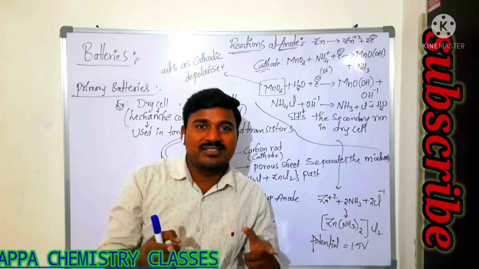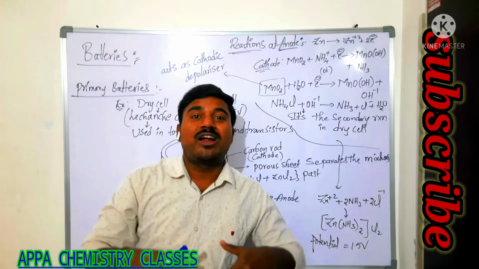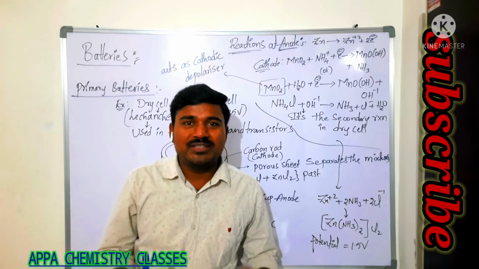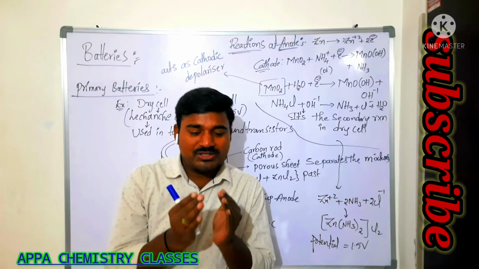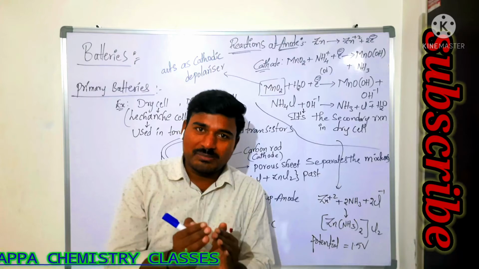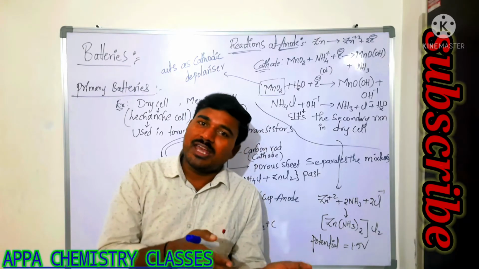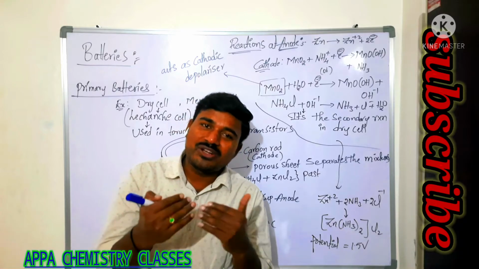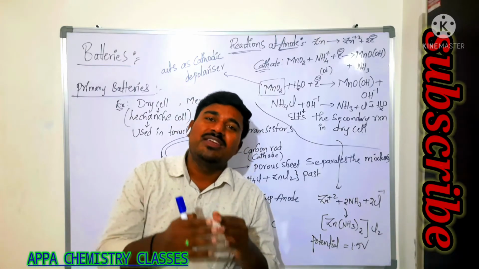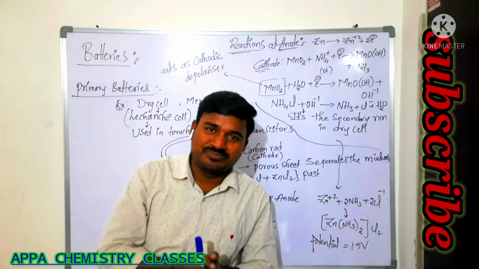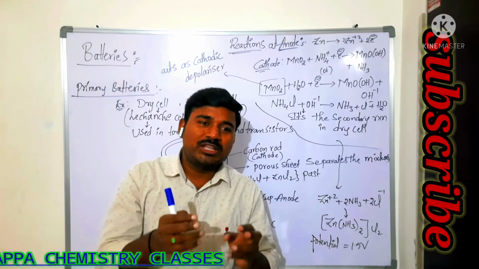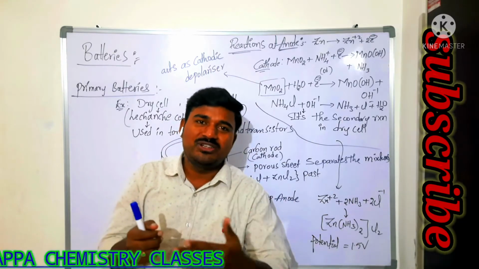Primary battery in the sense, the battery which cannot be reused. Whatever chemical substance is present in that battery will be converted to electrical energy, but it cannot be reused. After repeated use, that battery becomes dead. Then we have to replace it with a new battery.